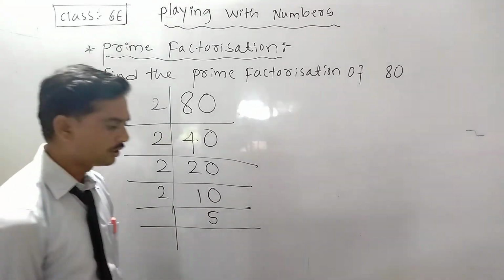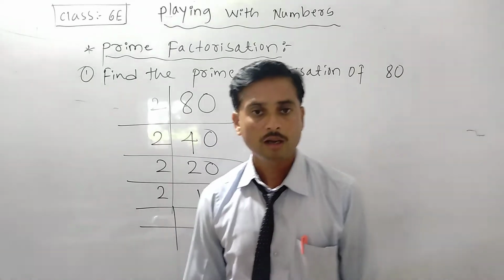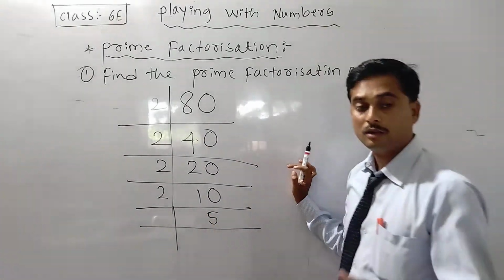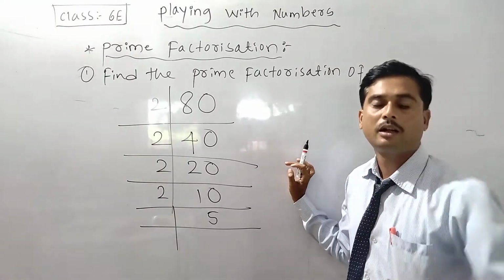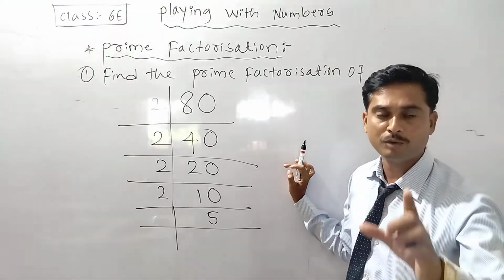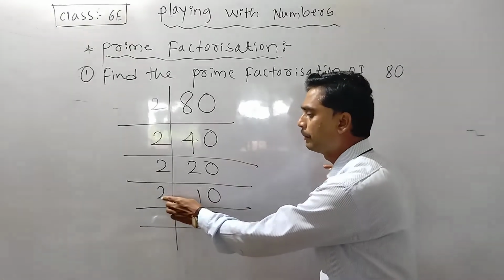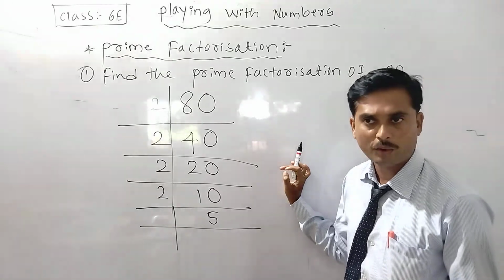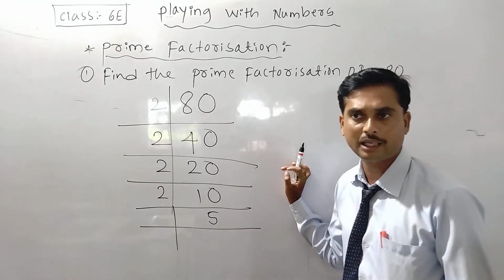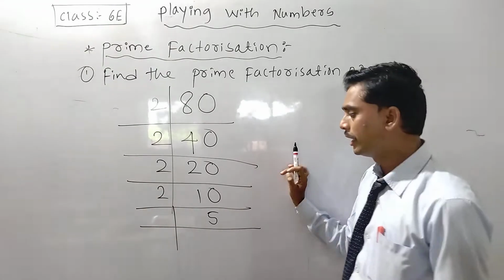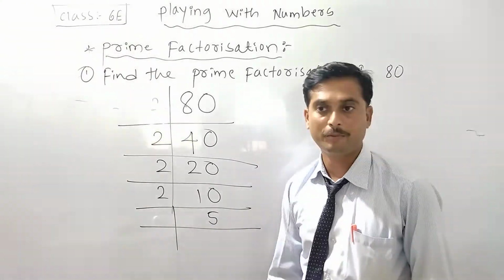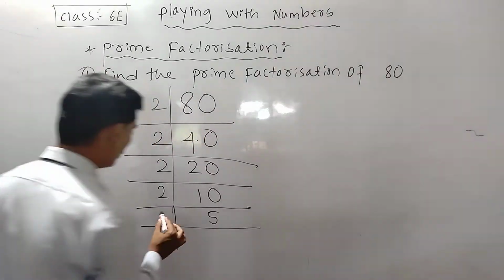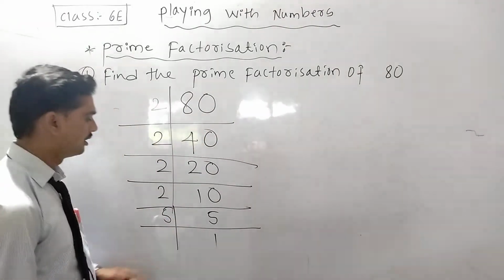Sir, not sir, because the 2s table does not have 5. Then again go to the next number, that should be a prime number. 2 is a prime number, right? Does 3's table have it or not? 3 1s are 3, 3 2s are 6, 5 is not there. Then 4's table not, 5's table, because 5 is also a prime number. 5 1s are 5.